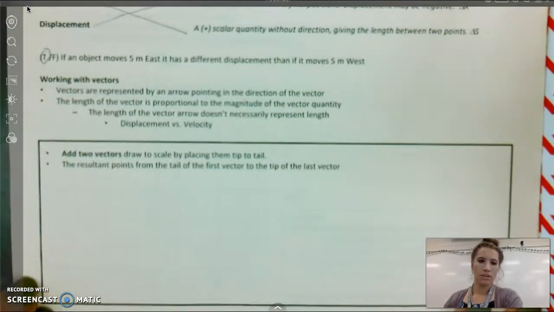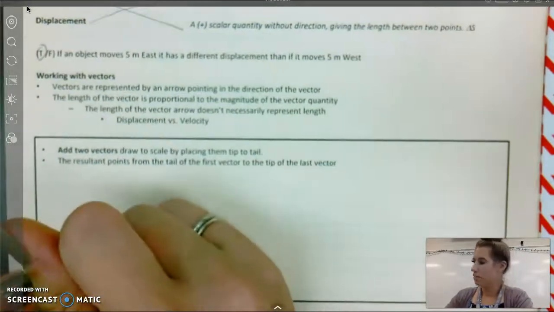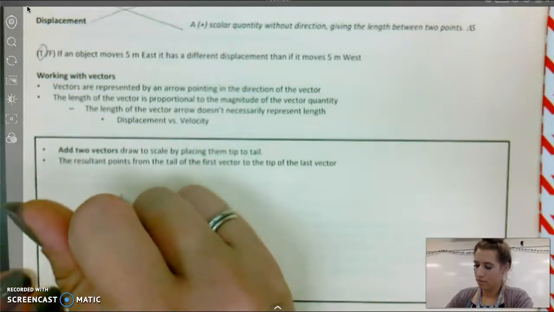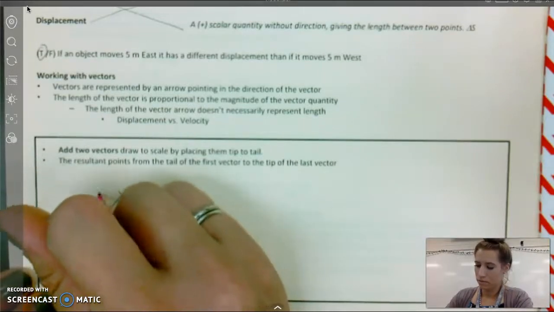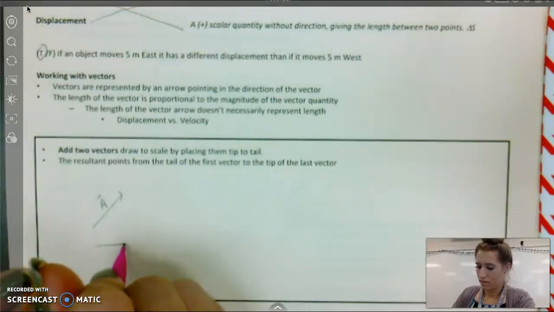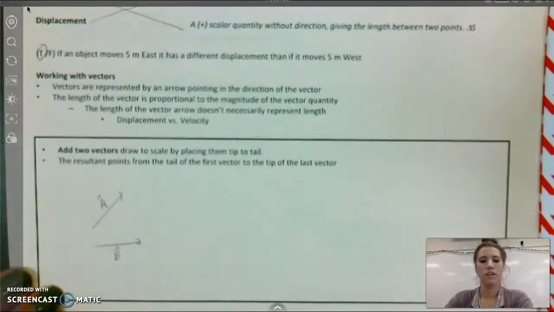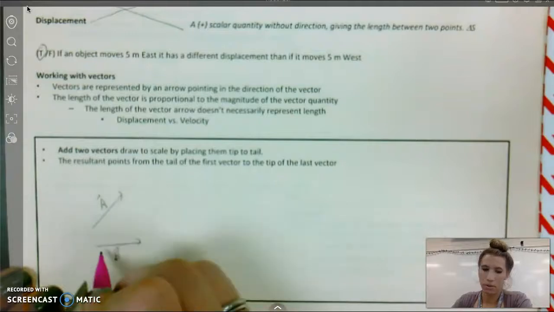Okay, add two vectors. Draw to scale by placing them tip to tail. All right, so let's say that we have vector A, and then we also have vector B. When we want to take these vectors and add them together to see what the resultant of the two is, the way that you do that is by placing them tip to tail.